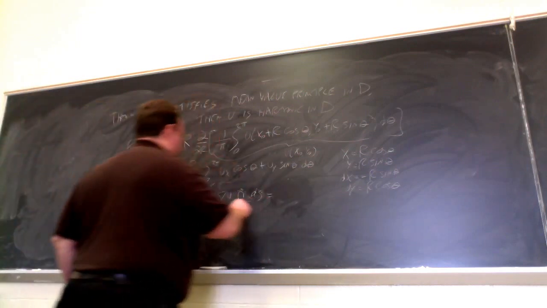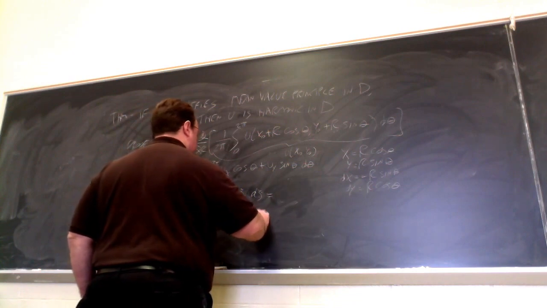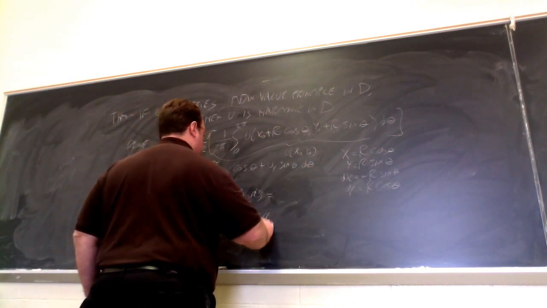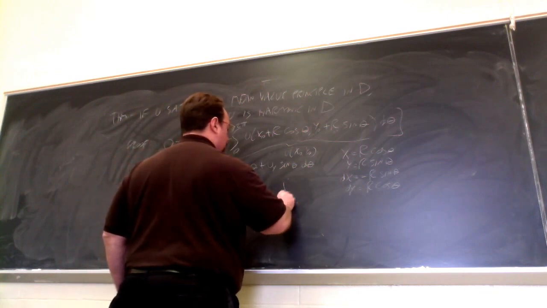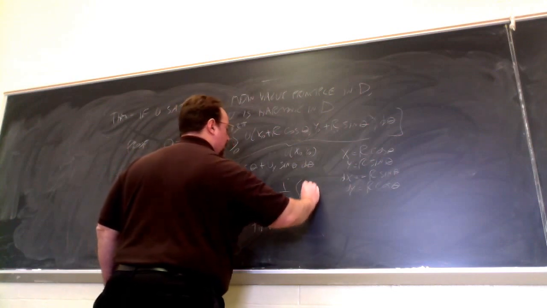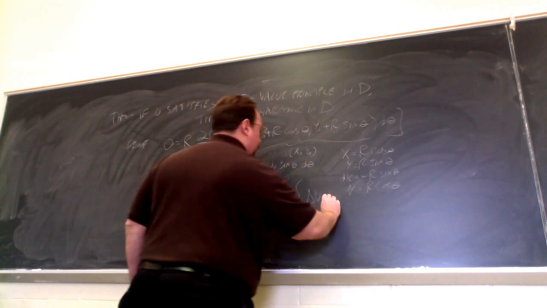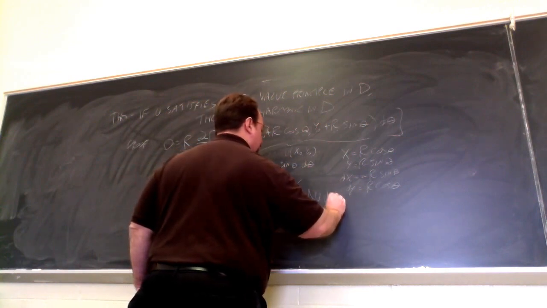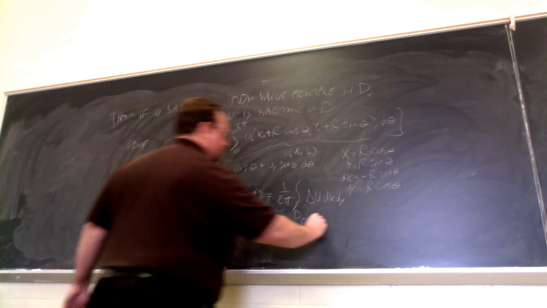But here we use the divergence theorem: the integral of a normal component over a boundary is equal to the integral of the divergence over the interior. But the divergence of a gradient is the Laplacian.